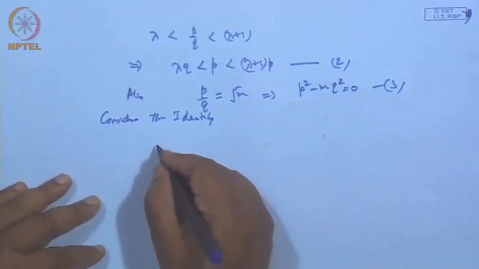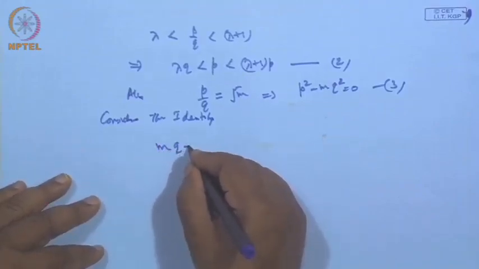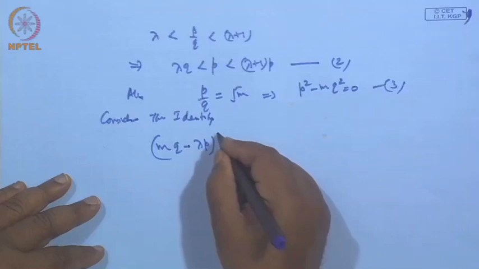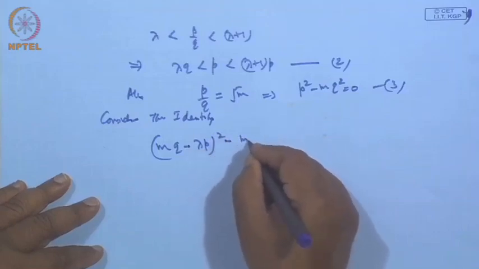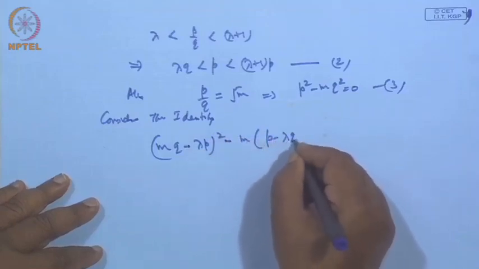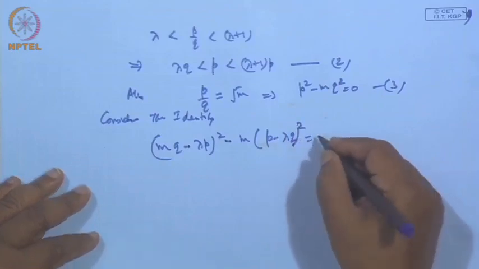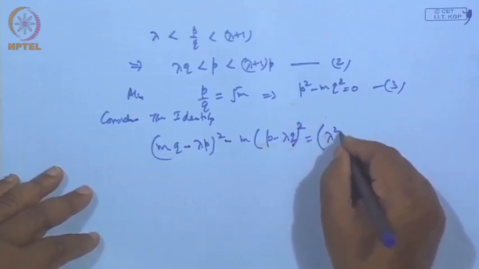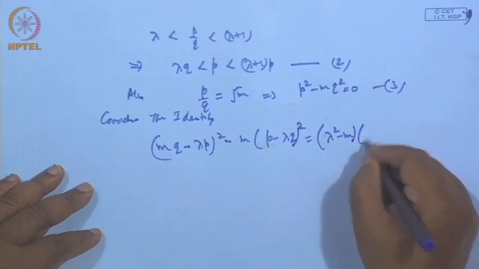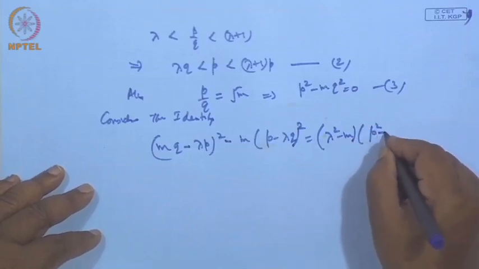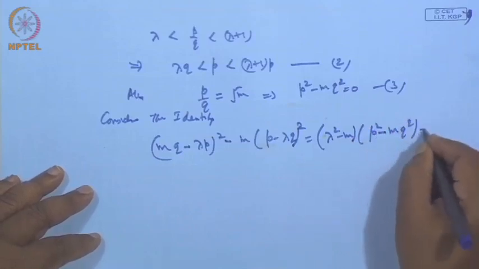Okay. (m q minus lambda p) whole square minus m times (p minus lambda q) whole square, you will see the value of this will come out to be (lambda square minus m) times (p square minus m q square), which is 0.